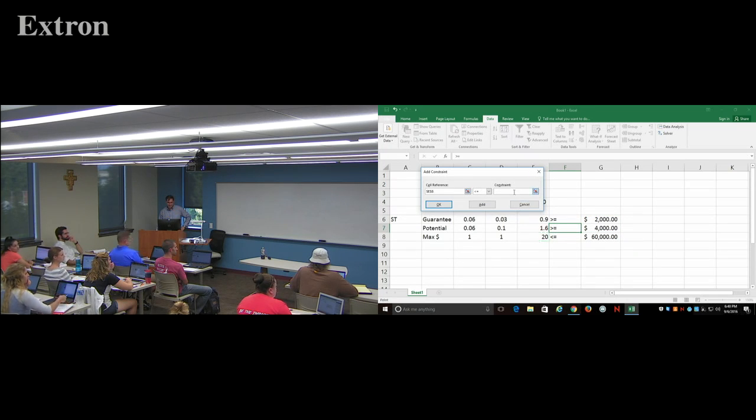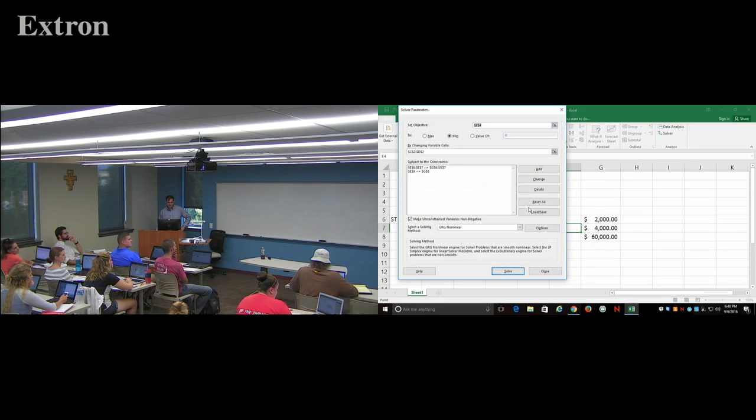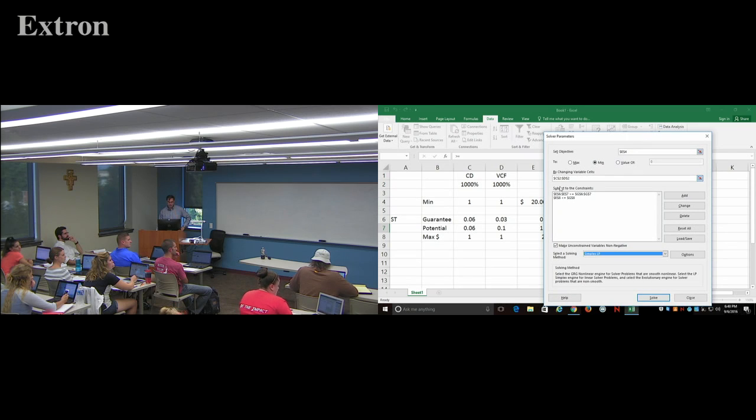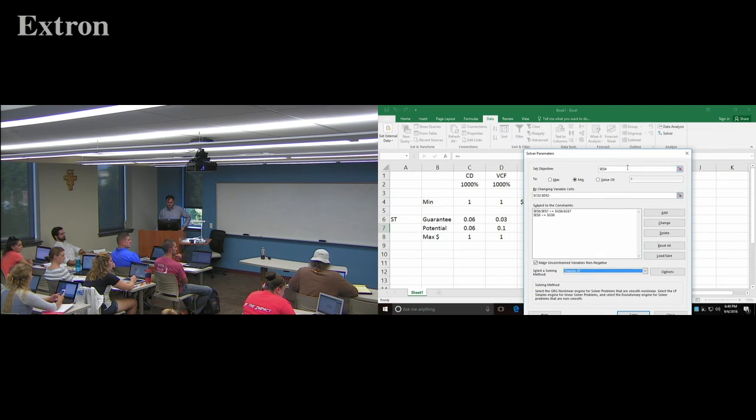And E8 has to be less than or equal to G8, add. Making unconstrained variables non-negative, that's my greater than or equal to 0. I'm going to use Simplex LP. Just validate everything looks good. Minimize E4, changing C2:D2, E6, E7 greater than or equal to G6, G7, E8, that looks good.